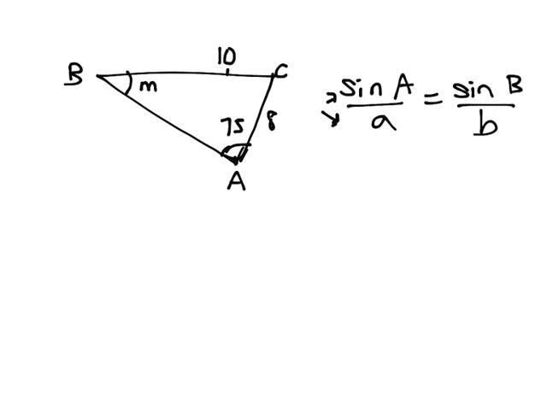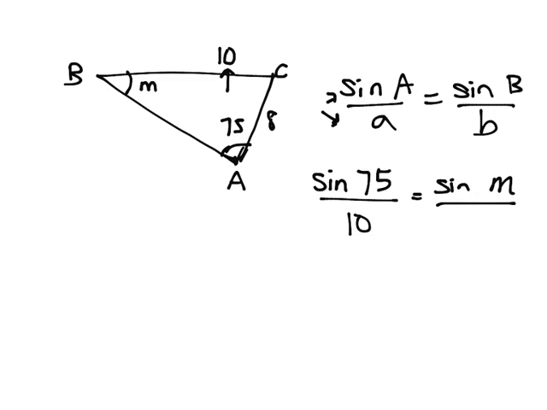Angle A is 75 degrees, so that's sine 75 over side A, which is 10, the side opposite to angle A, is equal to sine of M over 8.